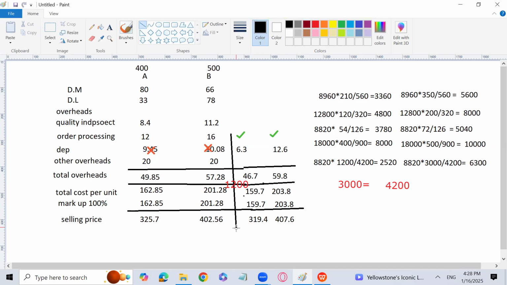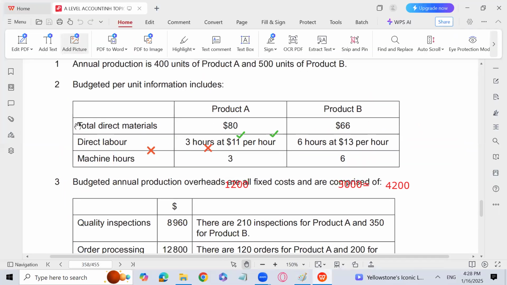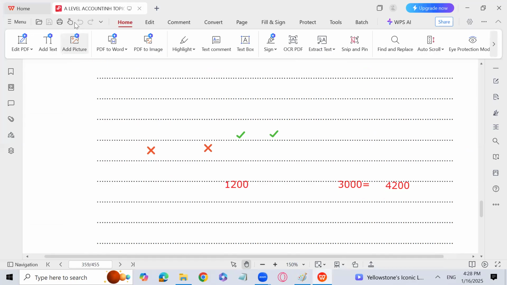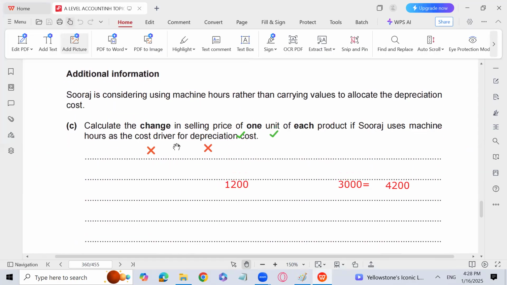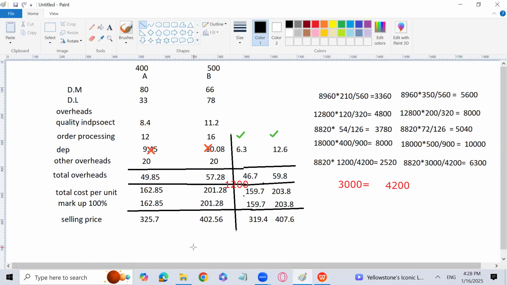So let's do it this way, so that it can be 1 unit of each product. The examiner has basically required us to calculate the change in selling price of 1 unit of each product. So let's see. The selling price was 325.7 in the past for product A, and it is now 319.4.